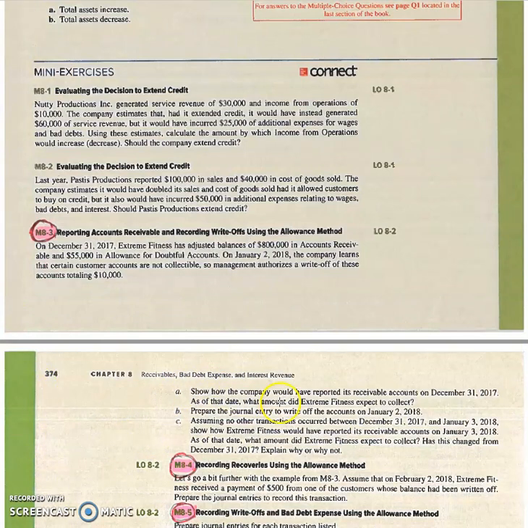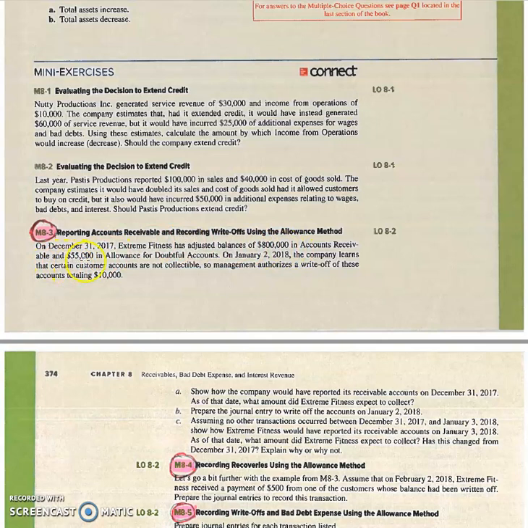So A, show how the company would have reported its accounts receivable on December 31st, 2017. As of that date, what amount did Extreme Fitness expect to collect? Well, they would have shown the balance in accounts receivable of $800,000.